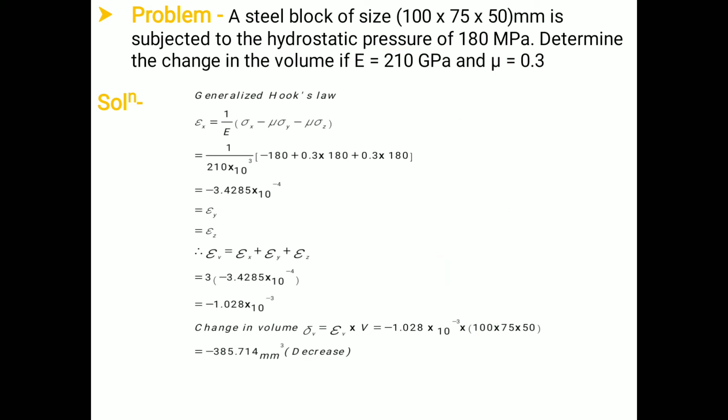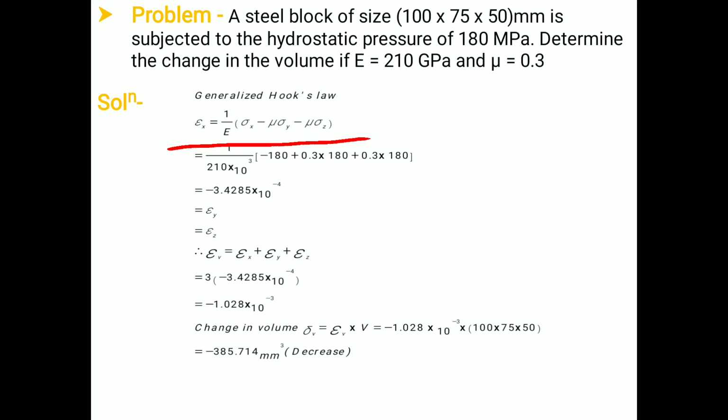Now by using generalized Hooke's law, we have epsilon x is equal to sigma x upon E minus mu into sigma y by E minus mu into sigma z by E. Remember that those are the effect of sigma x along x direction over epsilon x, the effect of sigma y along x direction over epsilon x, and the effect of sigma z along x direction over epsilon x.